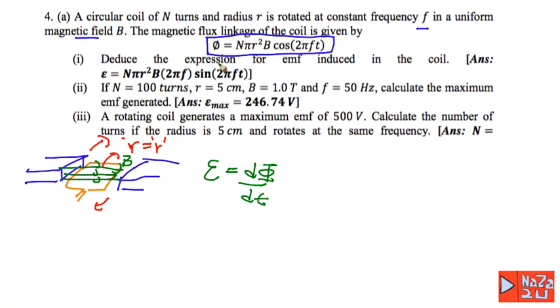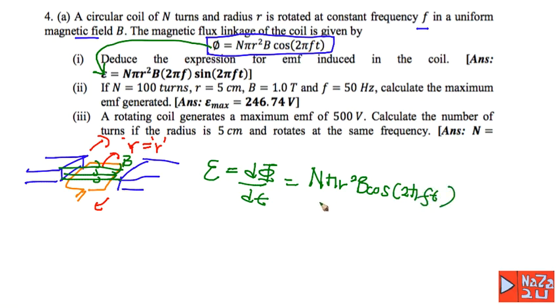The question gives you the value of the flux linkage, n pi r square B cos 2 pi ft. So from the flux linkage to the EMF, you use d flux dt. Meaning you have the flux n pi r square B cos 2 pi ft, and now you have dt.